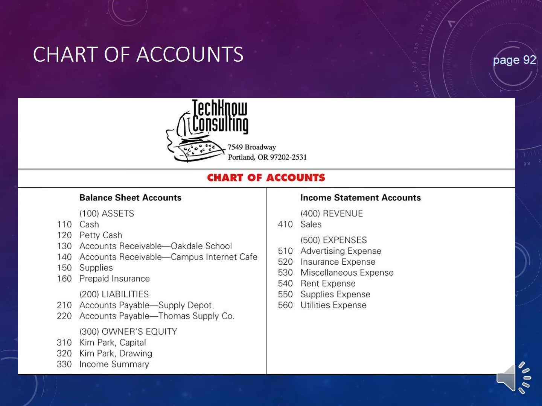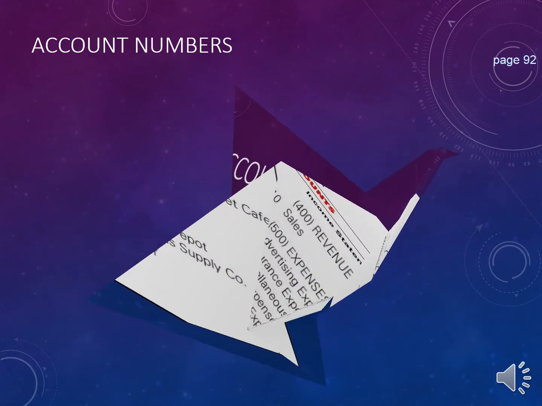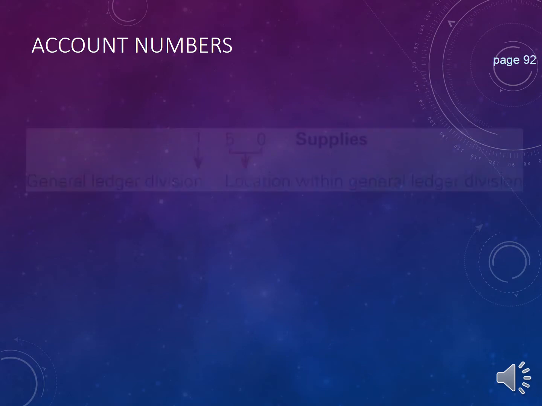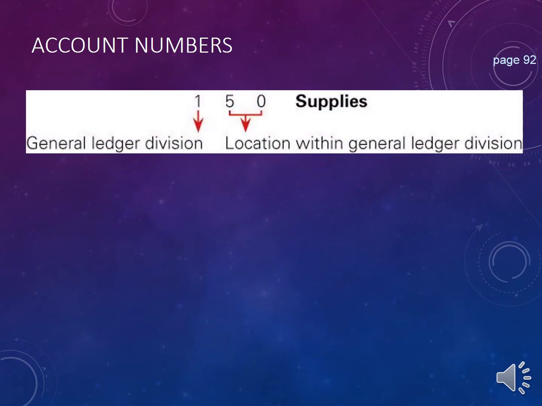Chart of accounts. Every business has their own unique set of accounts. This is determined by the size of the business and the type of the business. So how do we set up account numbers? Every account is given a number.